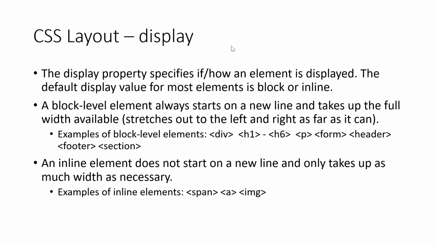For example, you can see the division, the div, headers, paragraphs, forms, those are usually block level elements. And inline elements go together with the other elements without creating any new line, like span, as well as anchors and images.